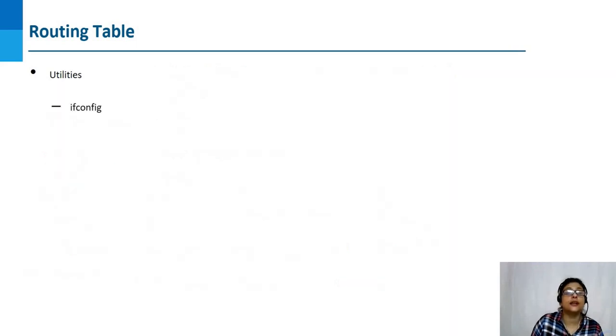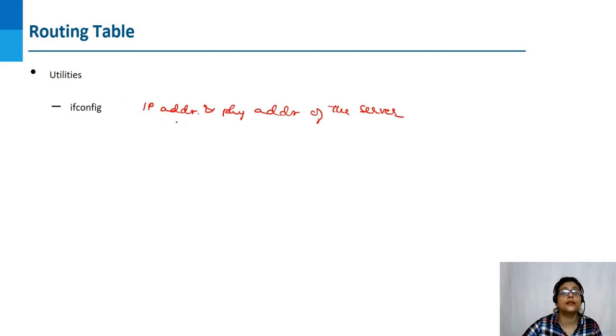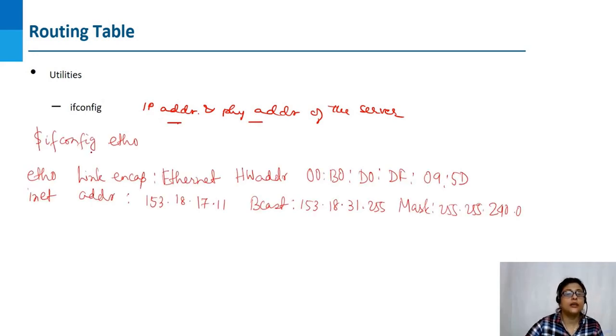The next utility that we will be learning is ifconfig. It is basically used to get the IP address and the physical address of the server. ifconfig eth0 is the Linux or Unix command. If you give this, you get this result. It gives basically the hardware address. This is the NIC, and it gives the Ethernet address, the broadcast address, and the mask.